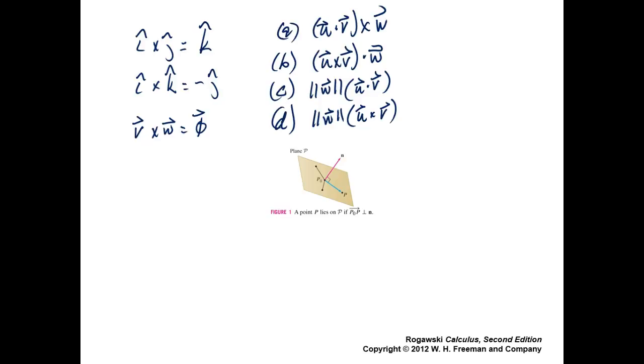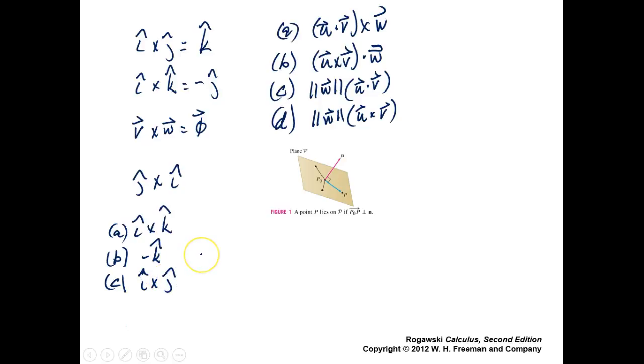Okay. Number 8. Which of the following vectors are equal to J cross I? Is I cross K equal to that? Is minus K equal to that? Or is I cross J equal to that? Okay? Which of those is the same as J cross I?